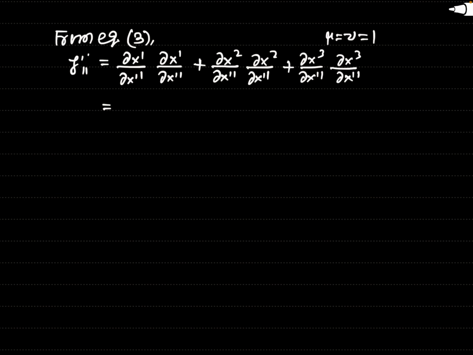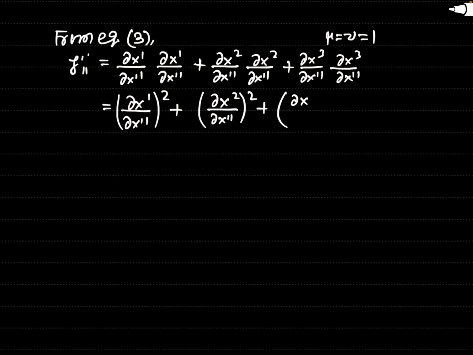Now simplify it. The first term can be written as del x1 by del x prime 1 whole square, plus the second term is del x2 by del x prime 1 square, plus the third term will be del x3 by del x prime 1 whole square.